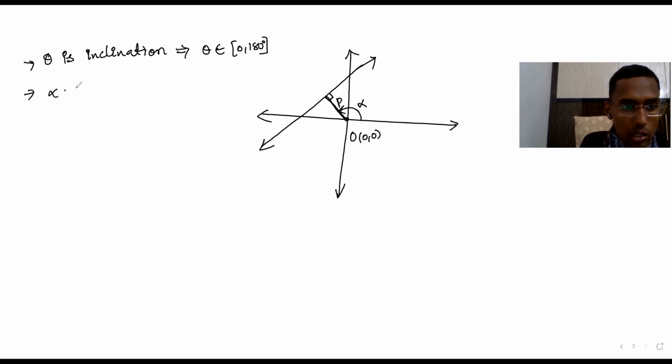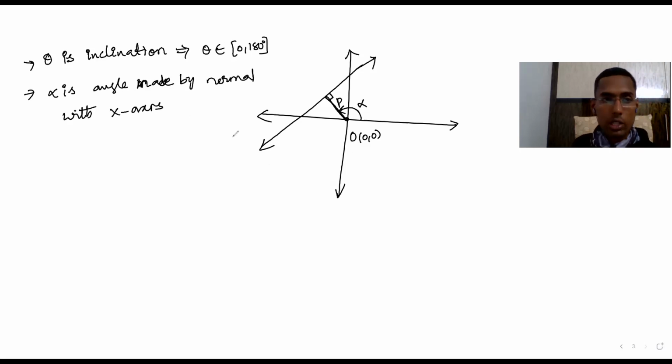Alpha is the angle made by the normal with the positive direction of the x-axis, measured in the anti-clockwise direction. Then alpha can be 0 to 360 degrees, so that is what you should understand.